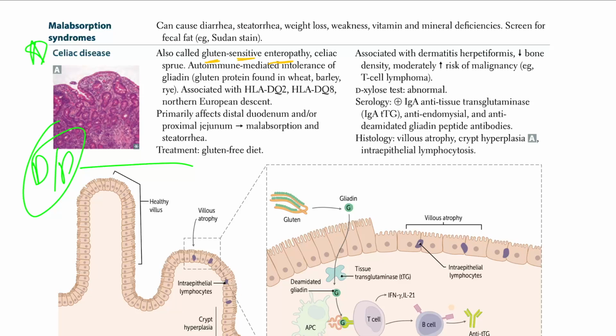They're going to confuse you with the differential diagnosis, giving you some of the same things, but it's not celiac disease. You have to differentiate this from chronic pancreatitis, which is going to come later, pancreatic insufficiency. Chronic pancreatitis / insufficiency.